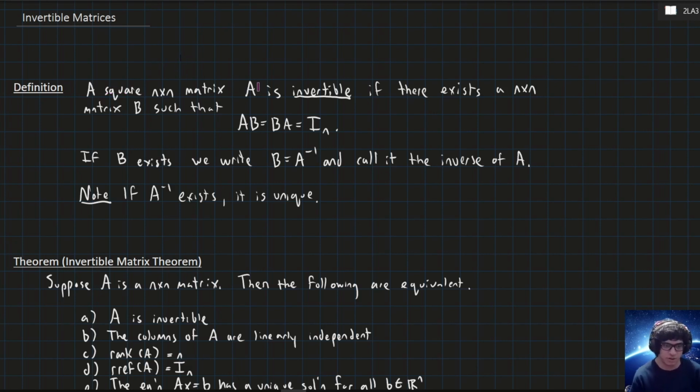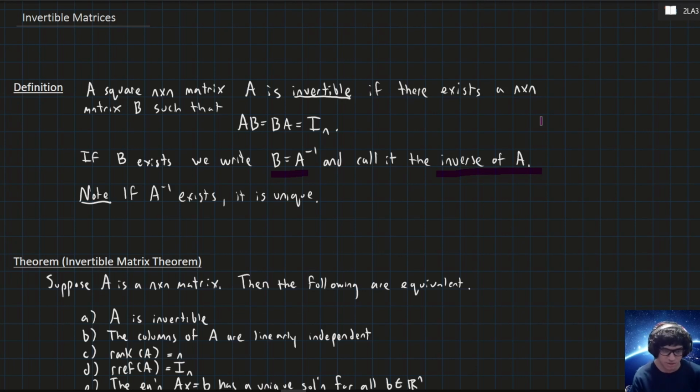So a square matrix A is invertible if there exists another square matrix of the same size, call it B, such that A times B is equal to the identity, and B times A is equal to the identity. If such a B exists, we write that B is equal to A to the power negative 1, and we call this the inverse.